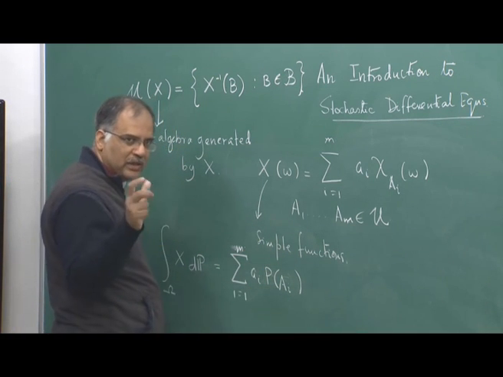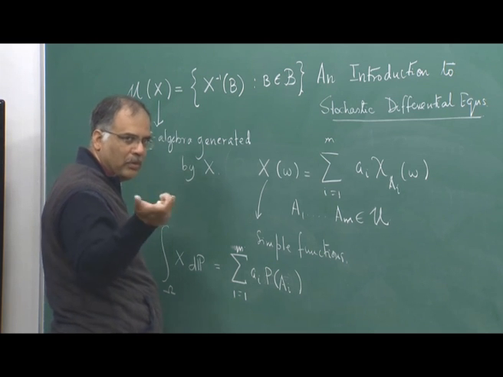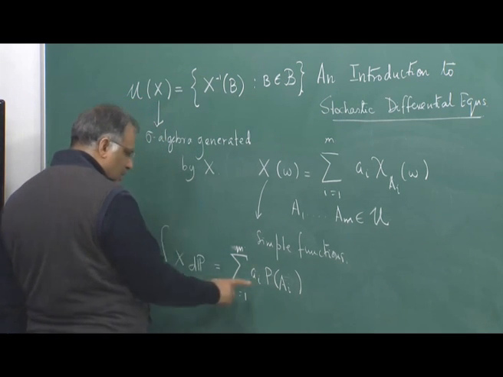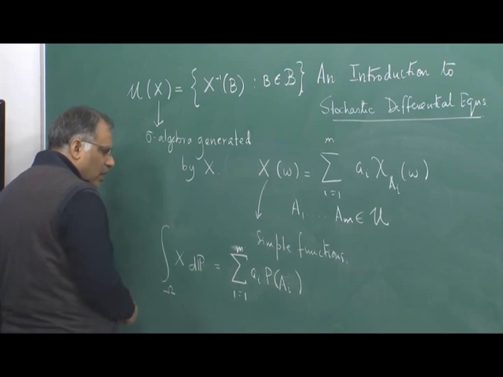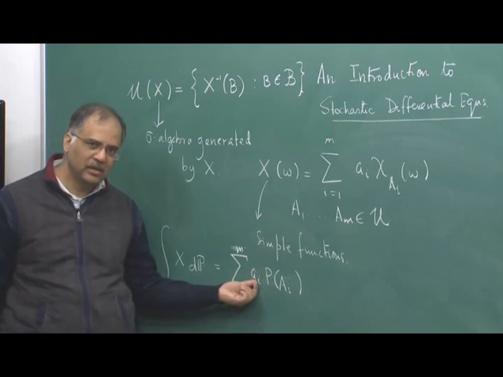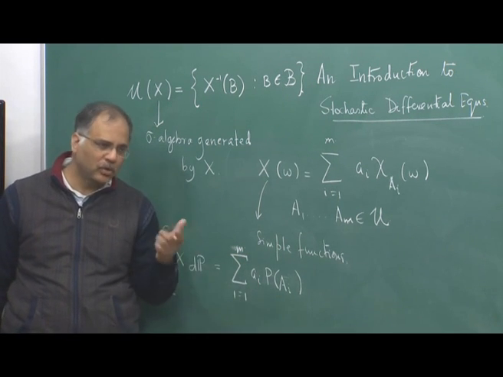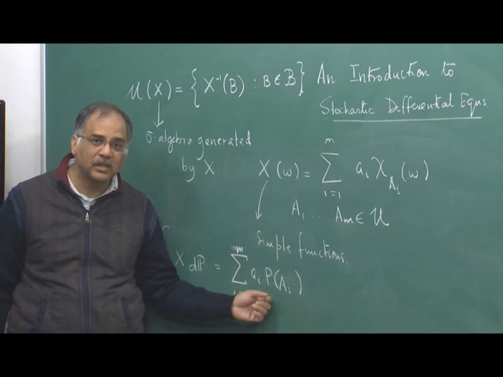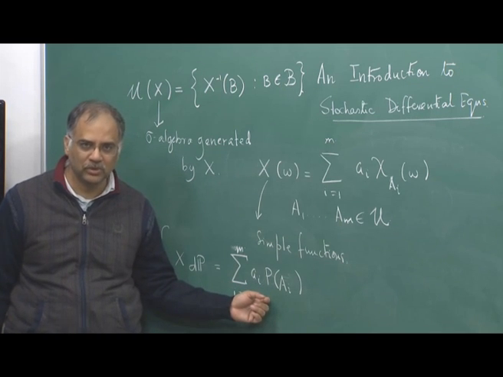The probability of A_i is known because these are events, so you know the probabilities of those. Then the integral is nothing but this. If anybody has learned some probability, they will immediately recognize that this is nothing but the expected value.